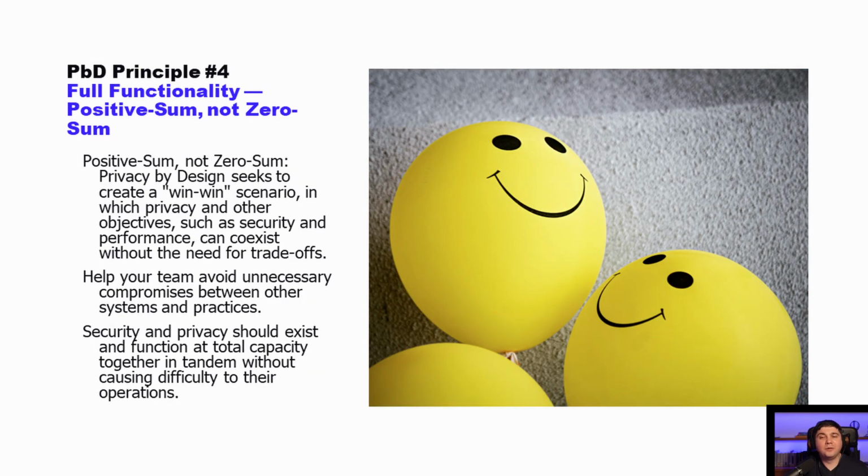Fourth principle, full functionality, positive sum, not zero sum. Privacy by design seeks one specific thing, which is a win-win scenario. So the main objective of privacy by design is to find a solution for having security, performance, and privacy.